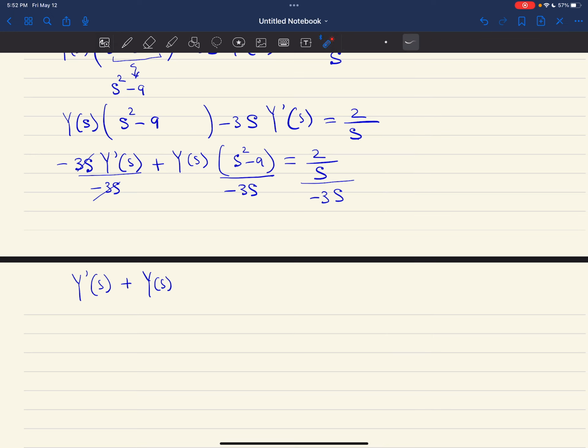And if you want, you could simplify this. It's up to you.